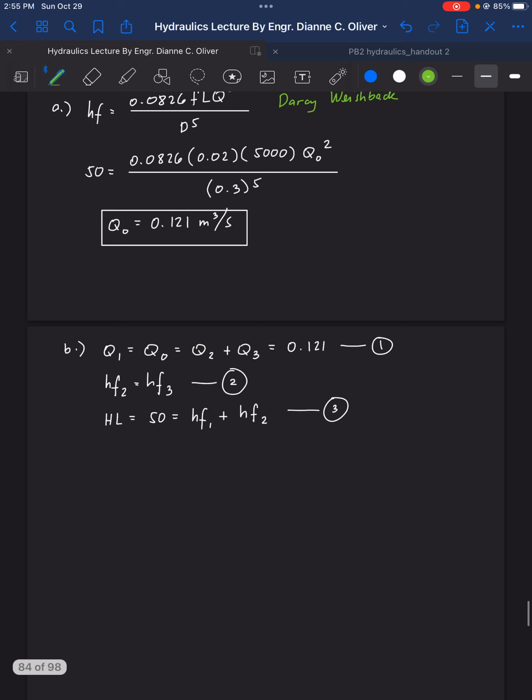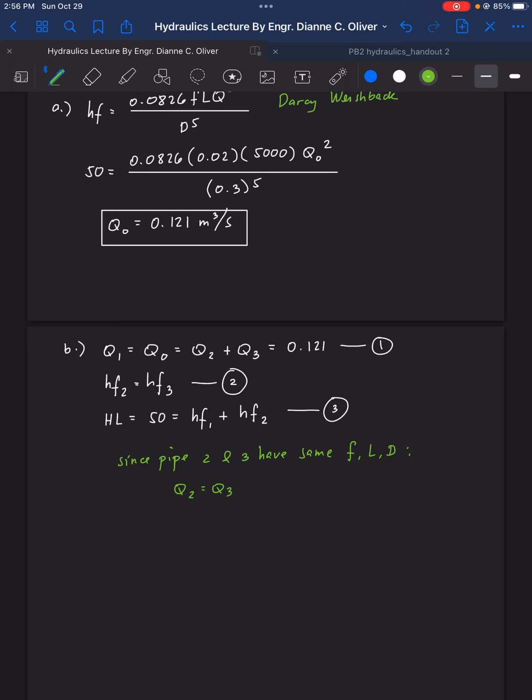Since pipelines 2 and 3 have the same F, length, and diameter, we can conclude that Q2 equals Q3.